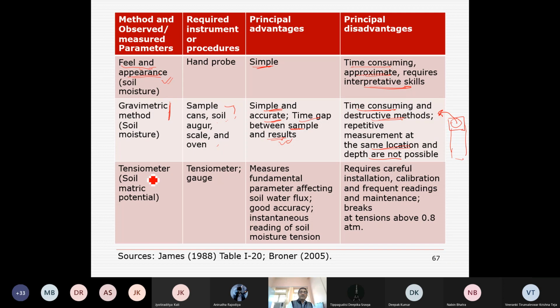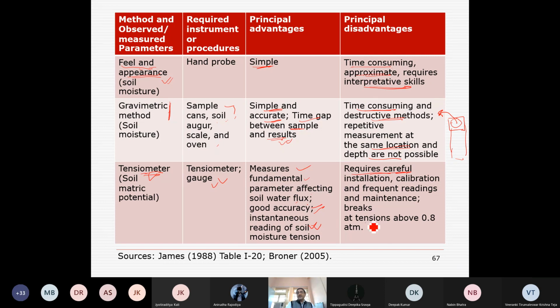Third method of measuring soil moisture or potential is the tensiometer. Soil matric potential is measured. Tensiometer and gauge are required there. Its advantage is that it measures a functional parameter affecting soil water flux. Accuracy is very good, right? And it reads soil moisture tension sometimes. However, careful handling is more important.